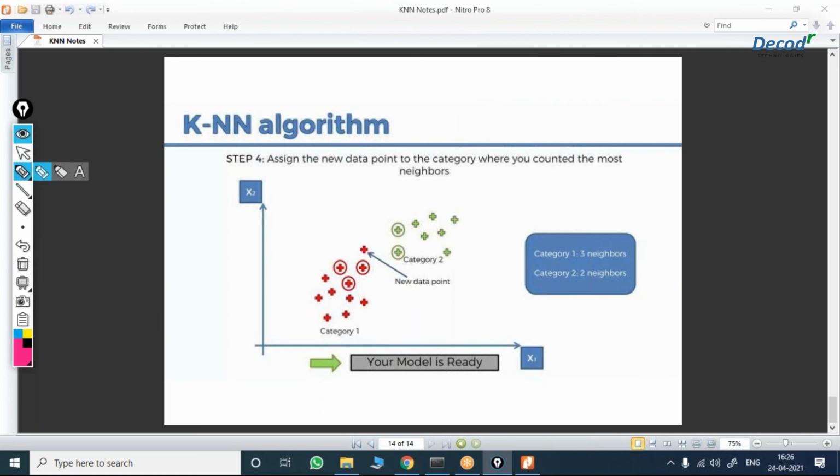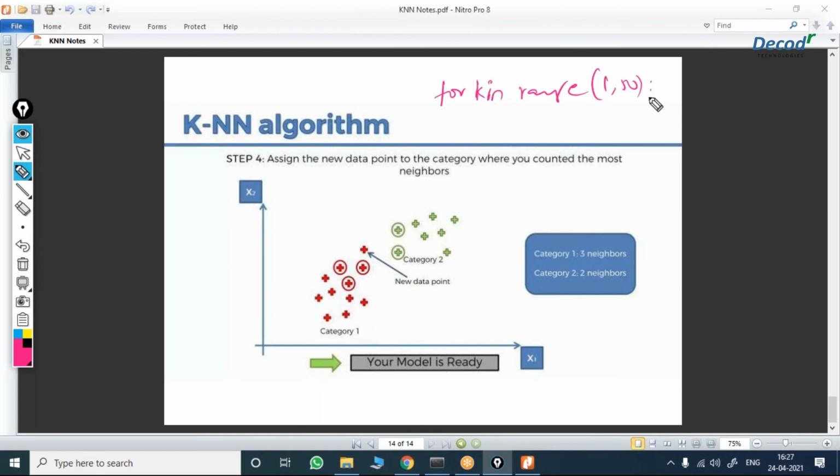Once again, a for loop: for k in range of 1 to 50. Predict the average value for k is equal to 1, for k is equal to 2, for k is equal to 3, and so on. Whatever values you have got, check them with respect to error, the RMSE value.